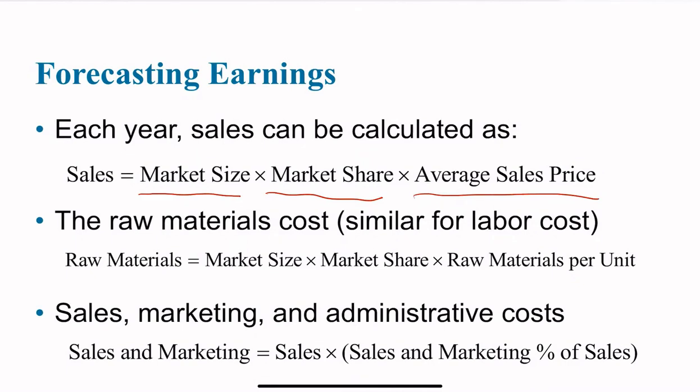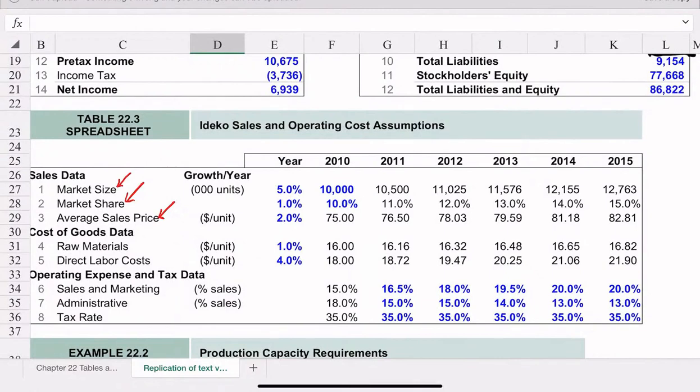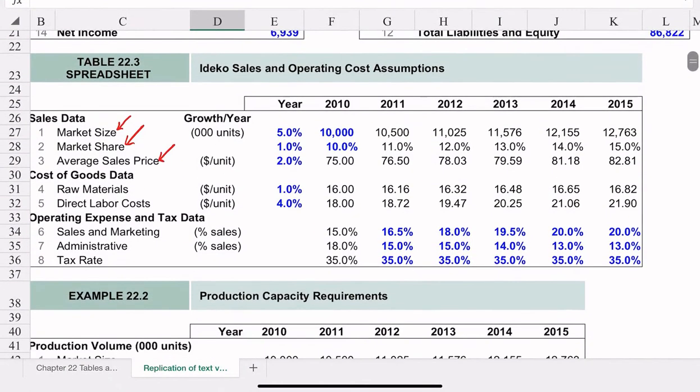And then to build your income statement, the second step you want to think about is COGS, the cost of goods sold. In this case, you will want to calculate your material cost. And if we consult this Excel file, you can see that raw material is measured per unit.